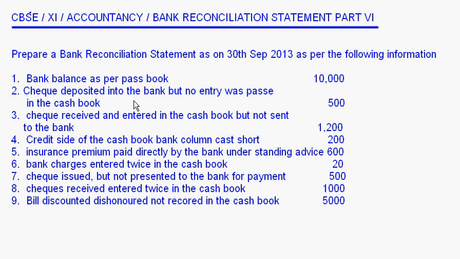When checks are deposited into the bank, the checks are collected and the amount gets added into the bank. So bank balance increases, but no entry was passed in the cash book, so it was not entered in the cash book at all, so the cash book balance is less and the passbook balance is more. So cash book balance is less, this should be deducted, right?